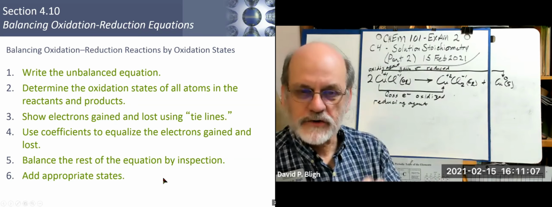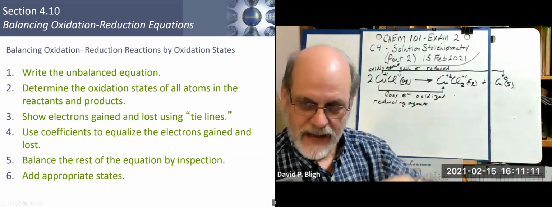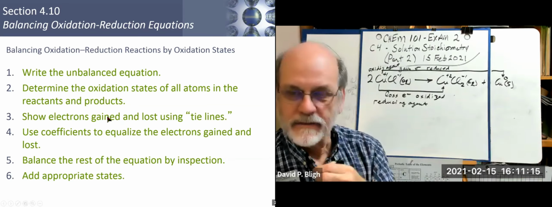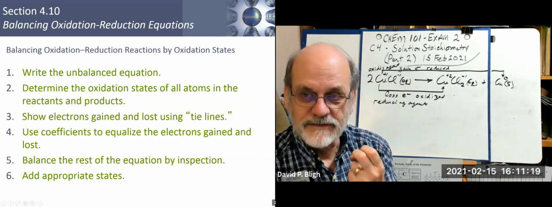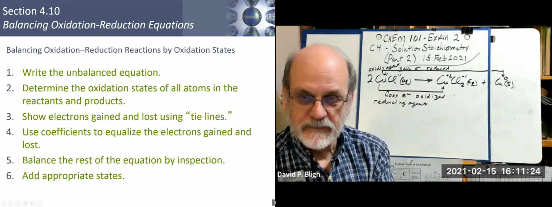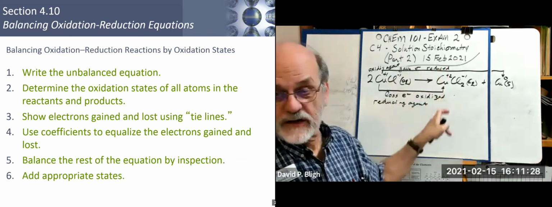First you write the compounds, of course, reactants, products, get those right. Then you decide what's the oxidation state on all your elements, find out which ones are reduced, which ones are oxidized, draw your tie lines for the oxidation and reduction.